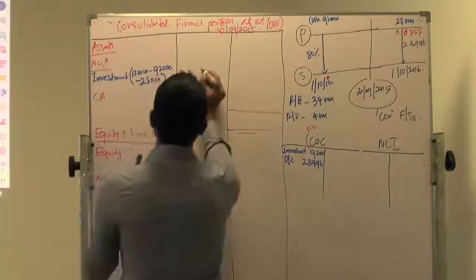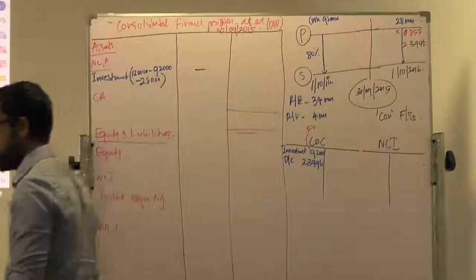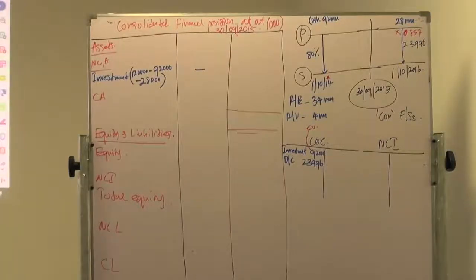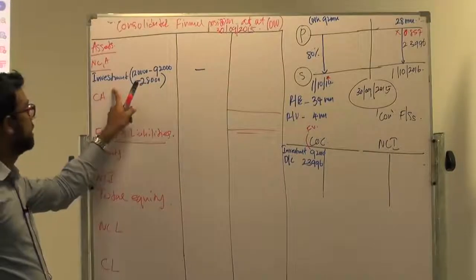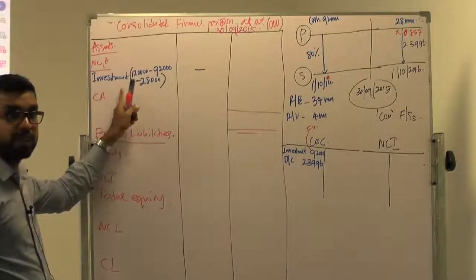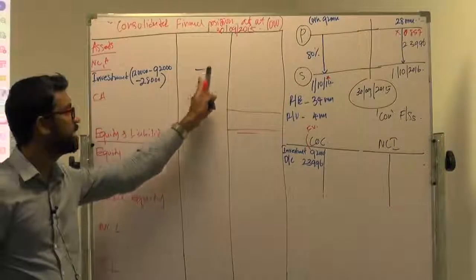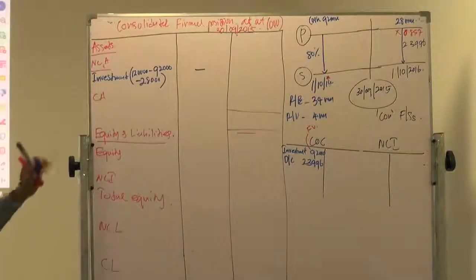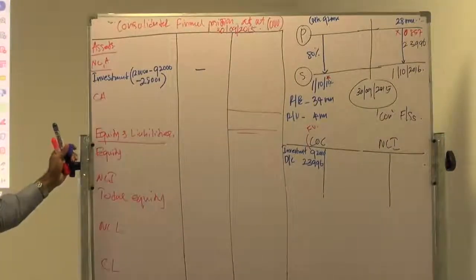So the second part of the consolidation procedure, right? Eliminate or set off the carrying amount of the investment made in the subsidiary. We have done this. Second step of the consolidation procedure, as the standard explains.